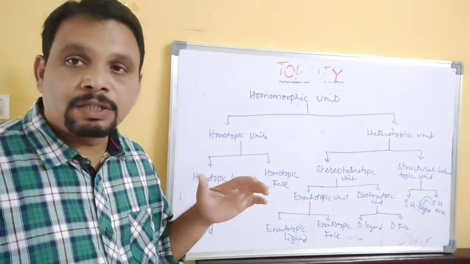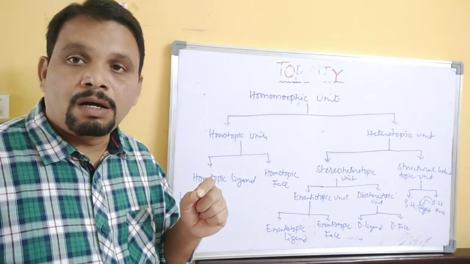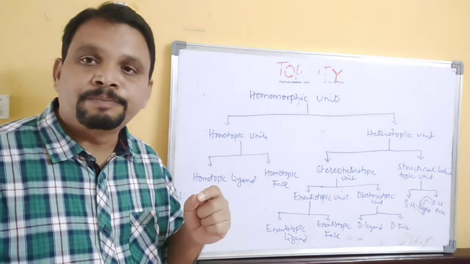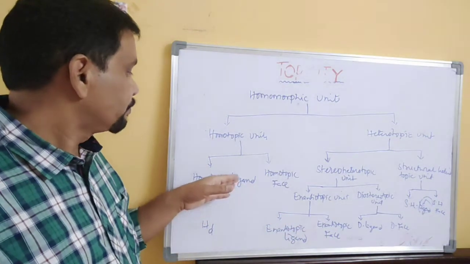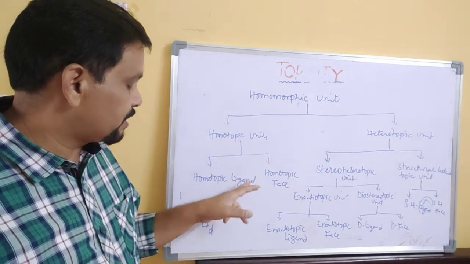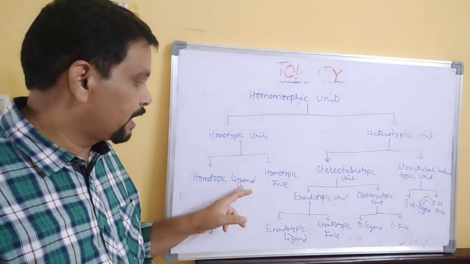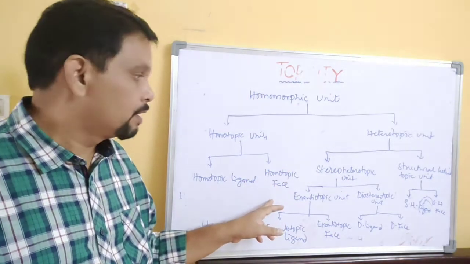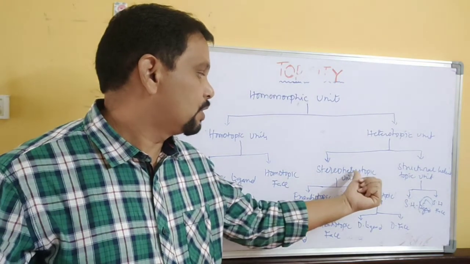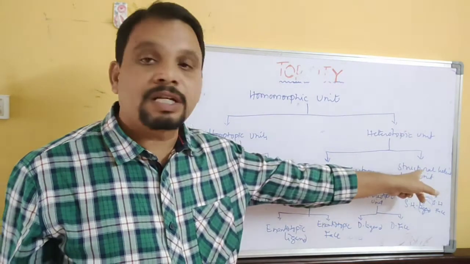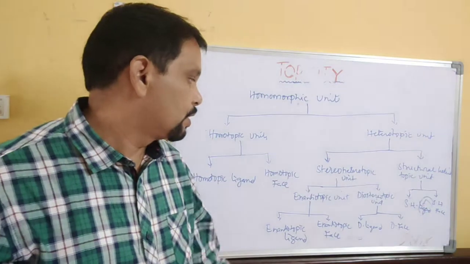Okay, so that asymmetric synthesis will be easy for you to understand if you understand this terminology. A homotopic unit, further simplified as homotopic ligand or homotopic phase, and a heterotopic unit, further simplified as stereoheterotopic unit or structural heterotopic unit.